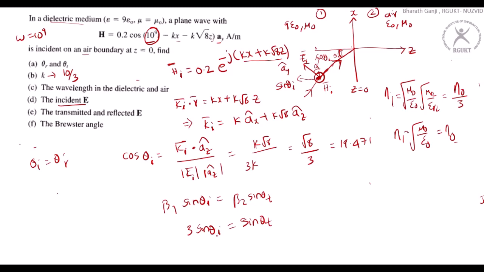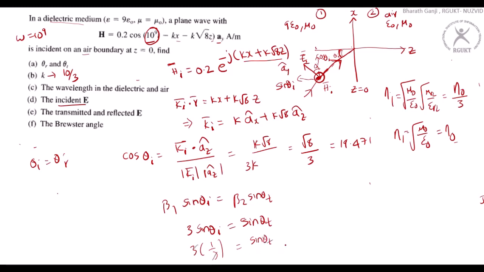So if you put sine theta I, you get something around 1 by 3. Okay, you get something like 0.333, or around 1 by 3. So which is nothing but sine theta t.